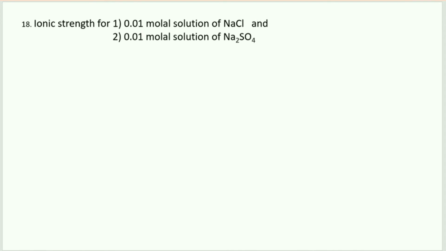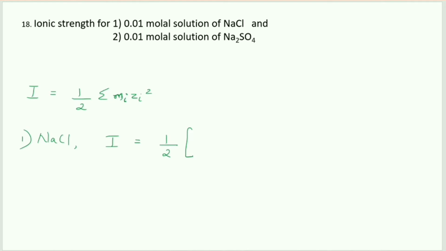18th, ionic strength for a 0.01 molar solution of NaCl and a 0.01 molar solution of Na2SO4. The equation for ionic strength is I equals half sigma mi Zi square. First one, NaCl: I equals half into sigma mi Zi square, so m1 Z1 square plus m2 Z2 square.